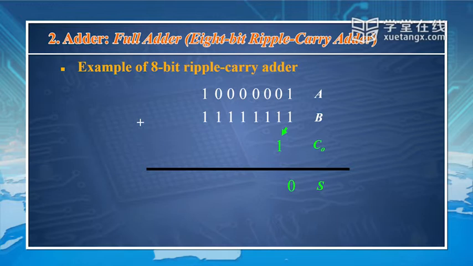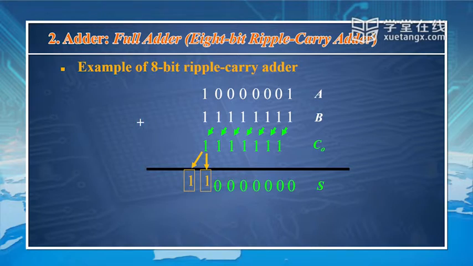Then we have this carry output. Then this one could be added by this one. Then we have this output. Okay, and this one, and this one, and this one. So just like a ripple, right? And finally, we can derive the carry output and the sum.